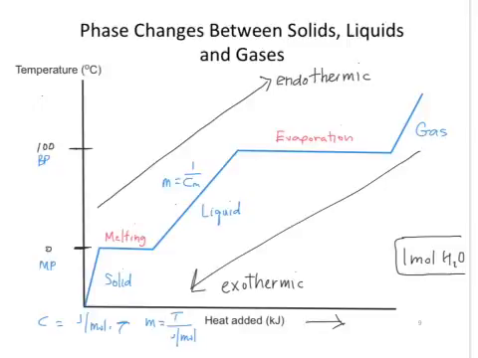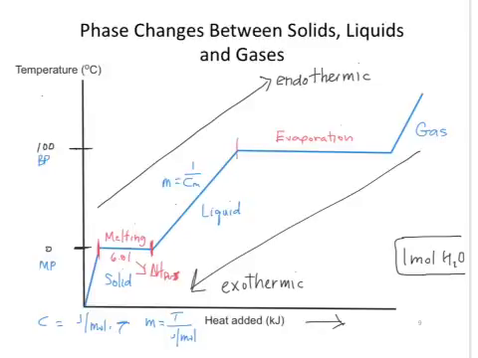If you look at the slide in your lecture notes, you'll see that our phase changes, our plateaus, are actually marked with some values. So from here to here, it's marked as 6.01, meaning 6.01 kilojoules added per mole of water. The delta H of fusion then, that's an S, fusion, is actually 6.01 kilojoules per mole.